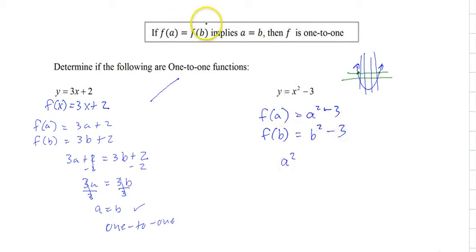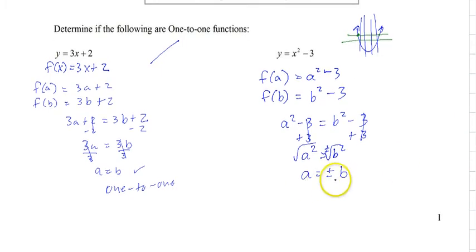That's what we're doing here. Alright, so I'm going to solve for a. Square root, and I have to put plus or minus there. So a equals plus or minus b.